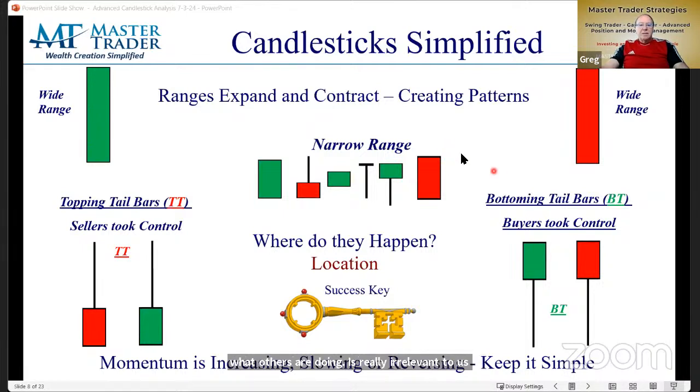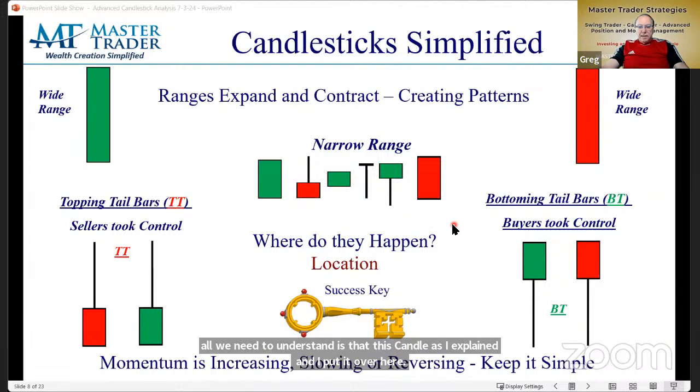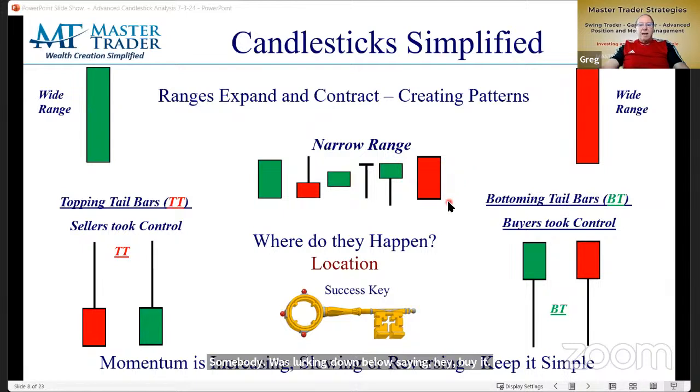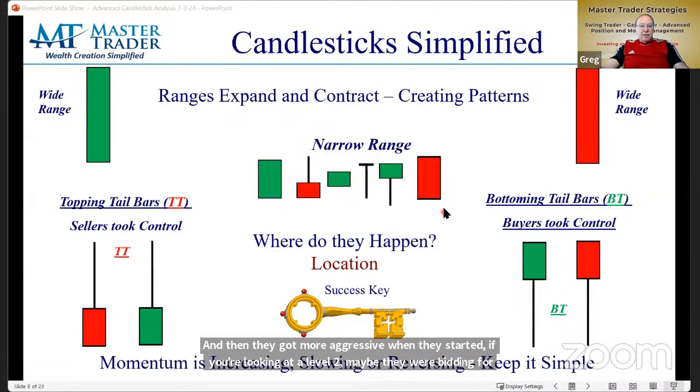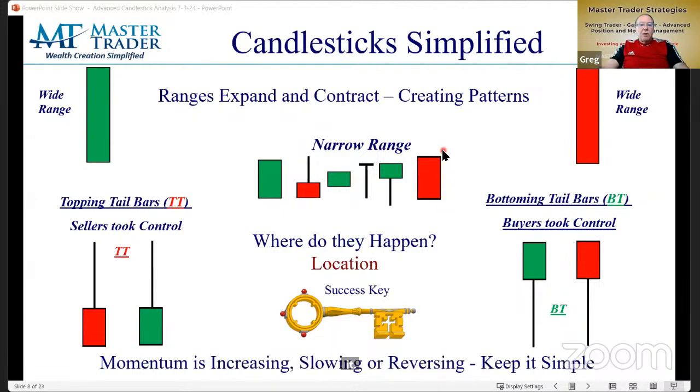All we need to understand is that with this candle, as I explained, and I put it over here, somebody was lurking down below saying, hey, buy it. And then they got more aggressive. If you're looking at a level 2, maybe they were bidding for it down there, they didn't get filled, and they started taking the offer and drove it all the way back up again.